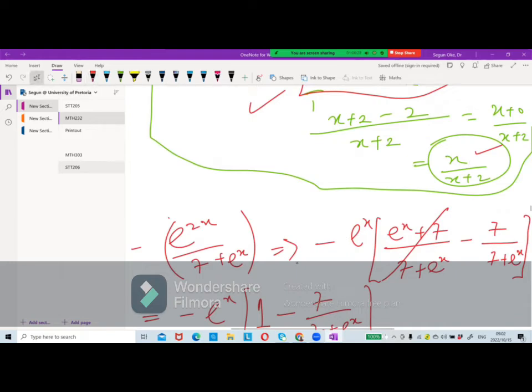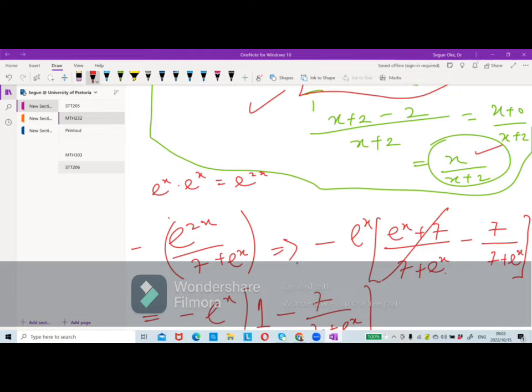I have exponential 2x here. I can break exponential 2x to be exponential x times exponential x. It's still the same thing as exponential 2x. I break it down so that I can have the same thing, because if this one is still exponential 2x, I will not be able to get exponential x here. That is why I break it down.